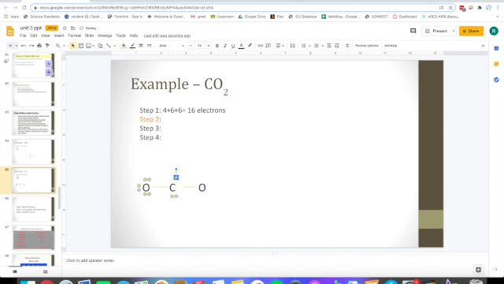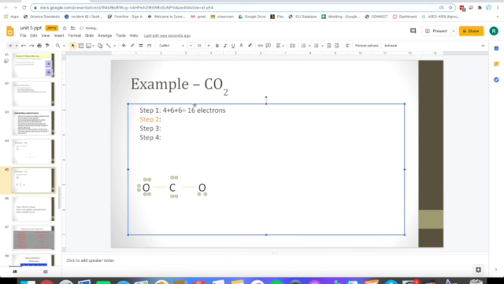So 2, 4, 6, 8, 10, 12, 14, 16. So we got to 16, which is this number right here.